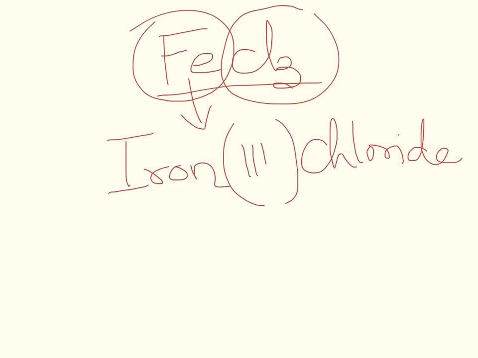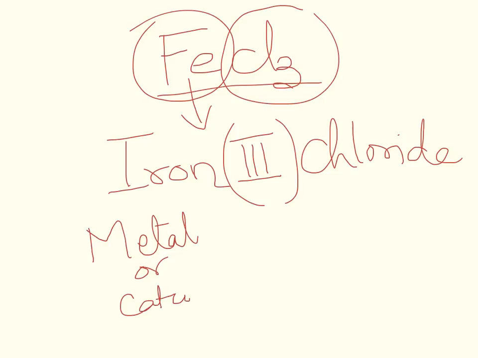So write the charge of the metal in parentheses in Roman numerals. So we'll have name of the metal or name of the cation, followed by charge in Roman numerals, followed by name of the anion.